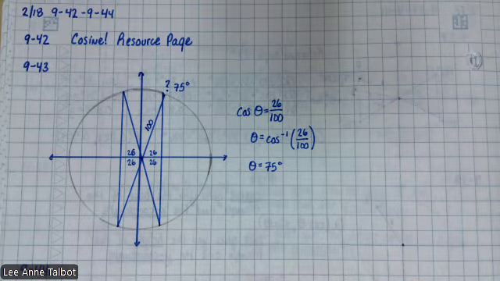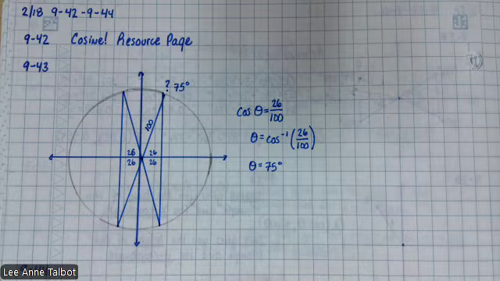Okay, in your groups, I would like you to do 3 things. Are you ready? You're going to find the reference angle. You're going to find the angles in the other 3 quadrants that are marked on the streamer. And you're going to find a positive and negative coterminal angle to 75 degrees.